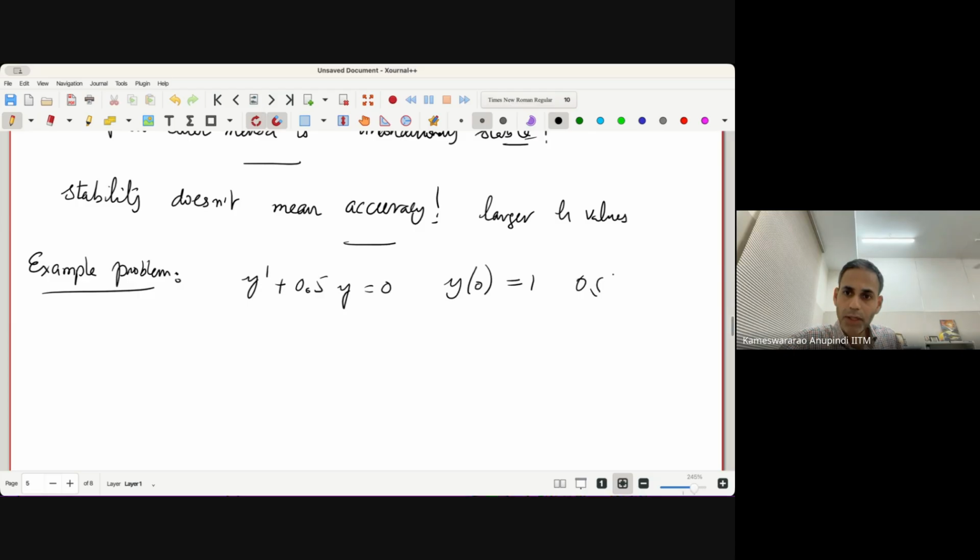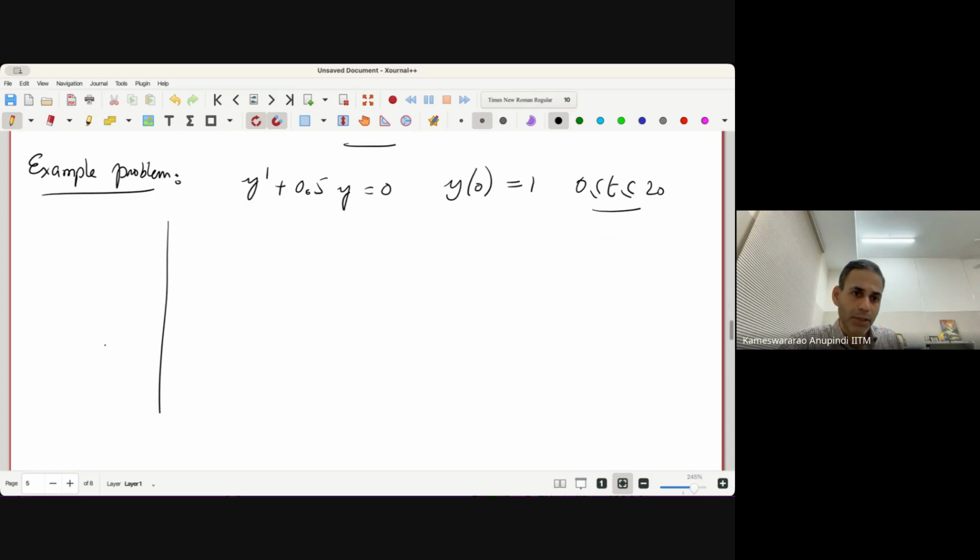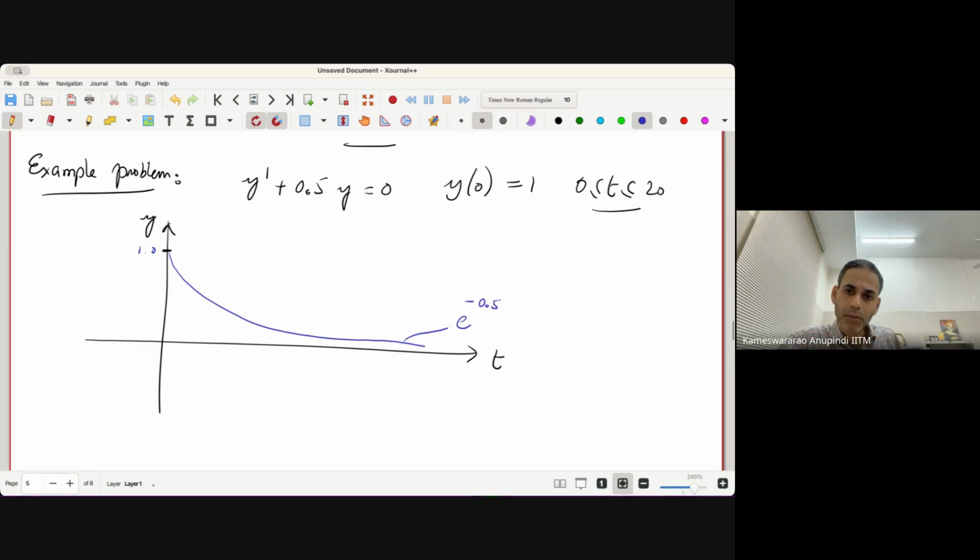We want to take time going from 0 to 20. Then let us try to solve this again. This is time, this is y, and the exact solution goes from 1.0 and decays as e to the power minus 0.5t.